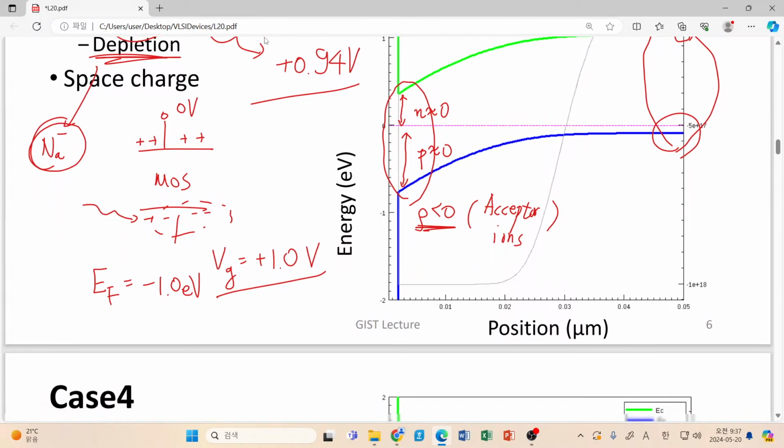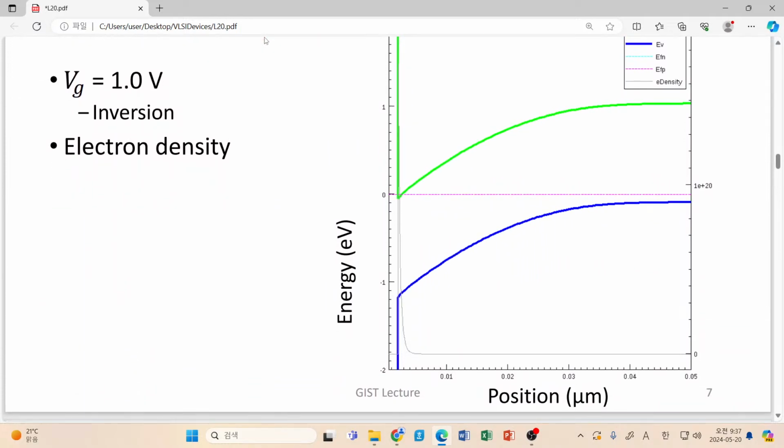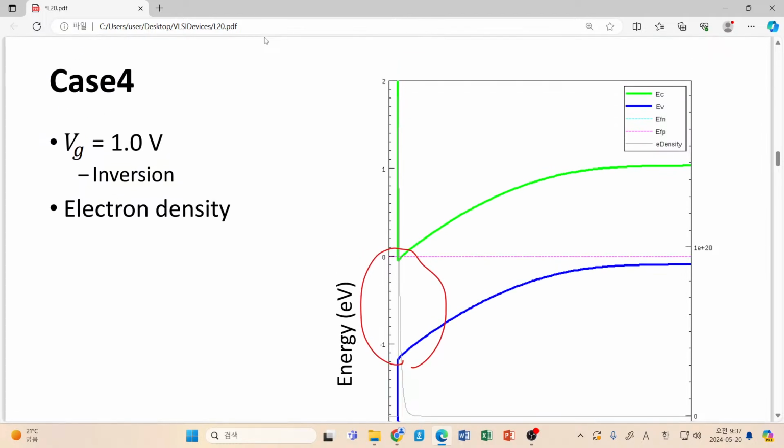Following this bending down, our surface area will also be affected. Please once again have a look at this one. Now you can immediately understand this part is even more bent than our previous case 3. The main reason is we have now applied a higher gate voltage.